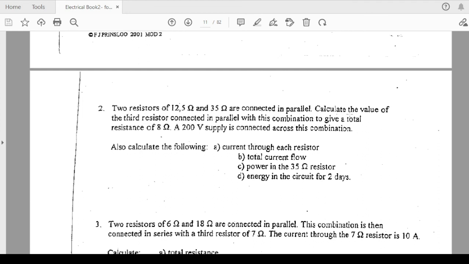Calculate the value of the third resistor connected in parallel with this combination to give a total resistance of 8. So they are saying when you take these three and put them in parallel, the total resistance of the three is 8. The third one we don't know the value, but the total we know.